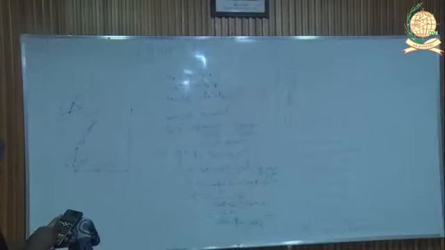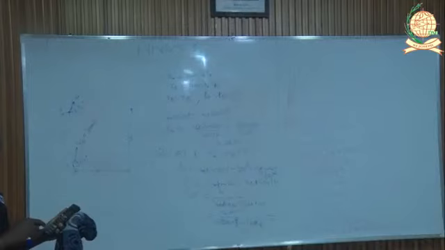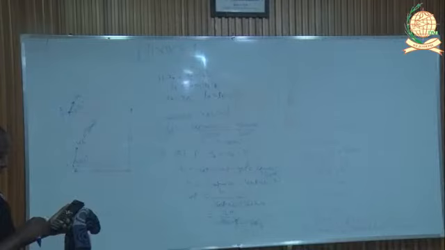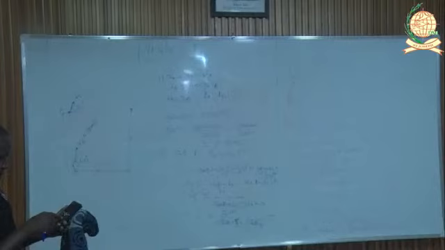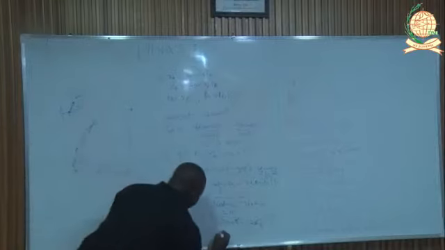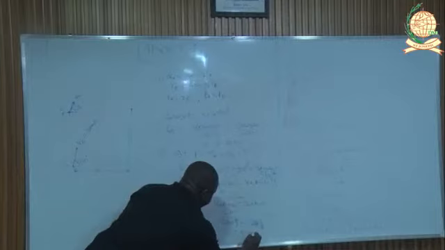So T is 2 over 30 times sine of 60 minus 17.32 sine of 30, and you are getting the time equals 0.115 second.